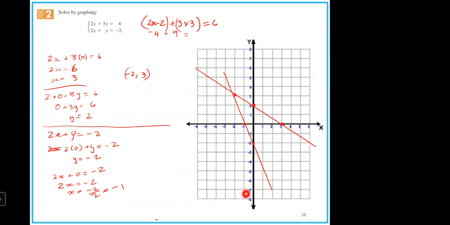So we are off here by 1. That should actually give you 6, but this is actually giving me 5.